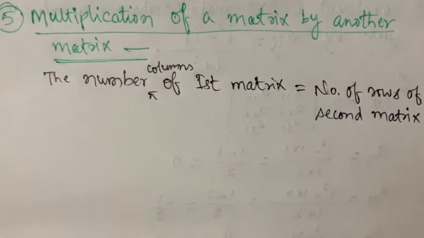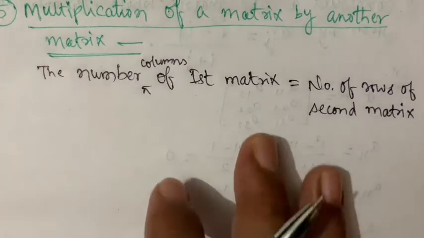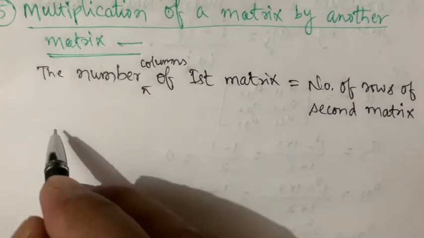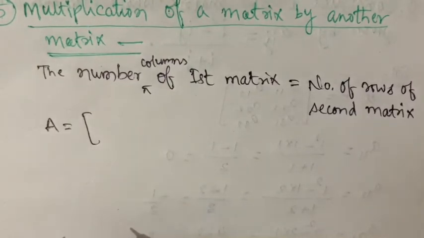That means if we have same order matrices, we can multiply them only if they are square matrices. Both of them should be square matrices.